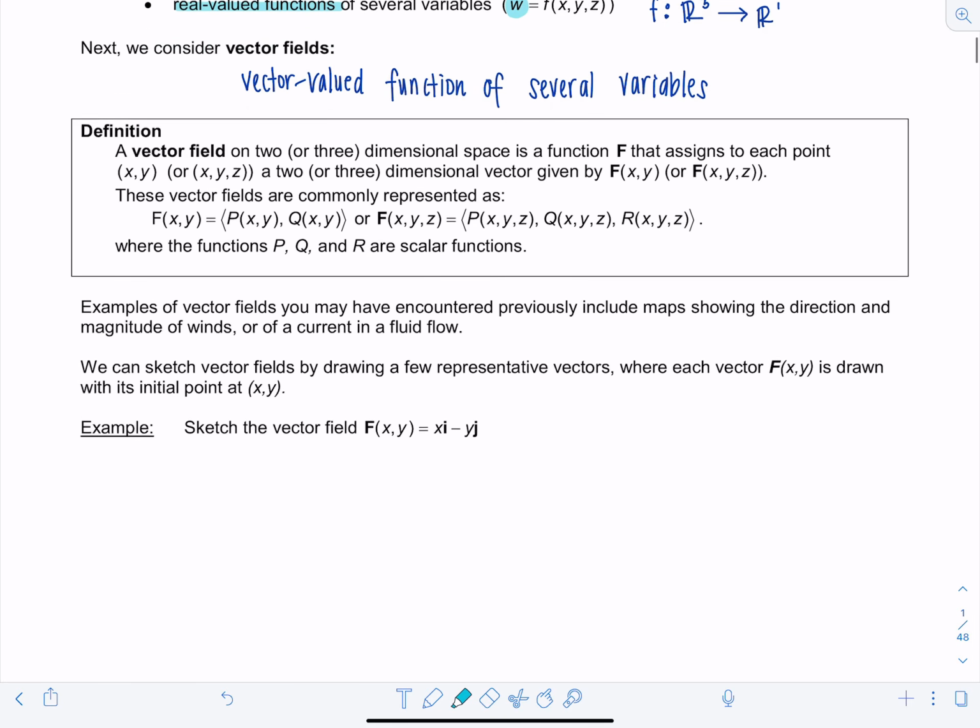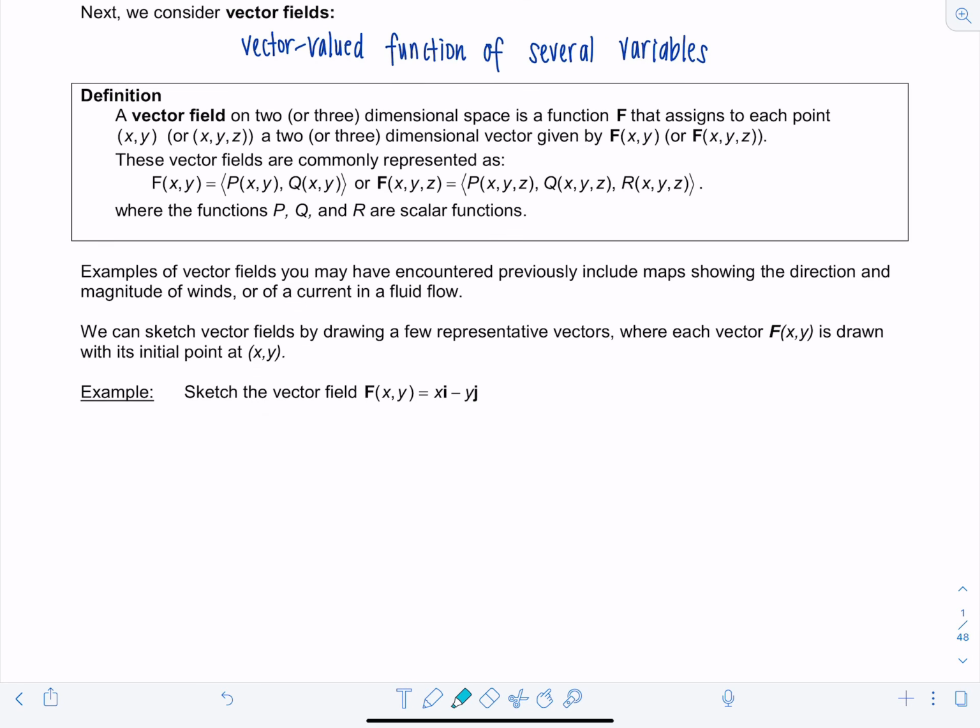So here's our definition. A vector field on 2 or 3-dimensional space is a function F. Now notice here we use capital F and it's bold, right? Because it's a vector function that assigns to each point (x, y) or (x, y, z) a 2 or 3-dimensional vector given by capital F of (x, y) or F of (x, y, z).